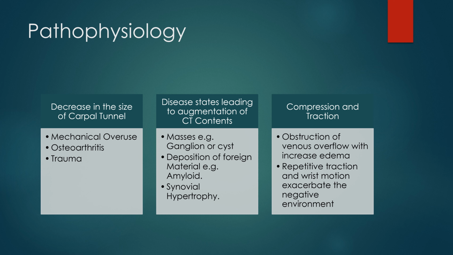Number two, disease states leading to augmentation of carpal tunnel contents include masses such as ganglion or cyst, deposition of foreign material such as amyloid, and synovial hypertrophy. And the third factor is compression and traction, in which obstruction of venous outflow with increased edema and repetitive traction and wrist motion exacerbate the negative environment.